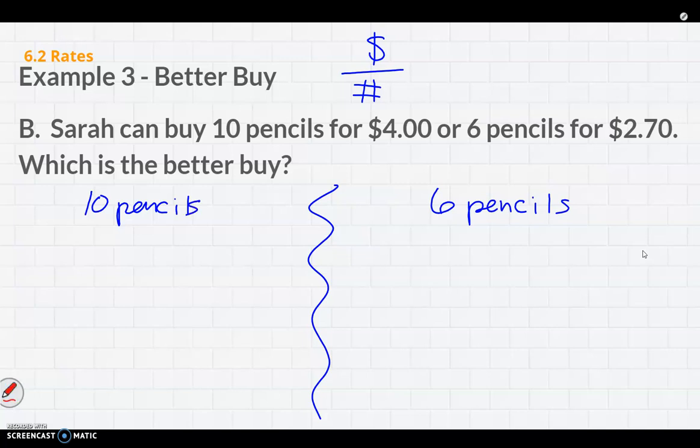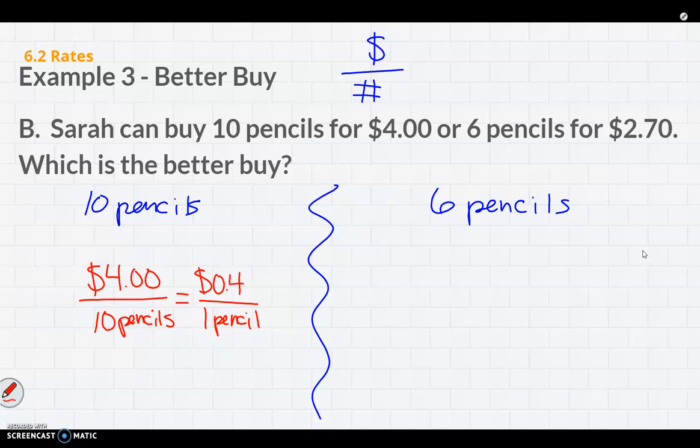Okay, so I'm going to take the cost of $4 for the 10 pencils and divide it by 10 pencils. So the cost per 1 pencil is 4 divided by 10, which is 0.4, or in other words, 40 cents per pencil.